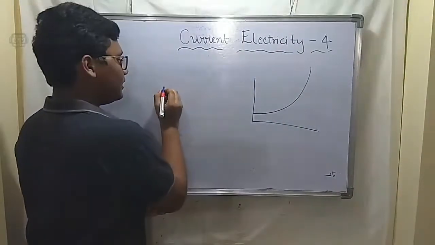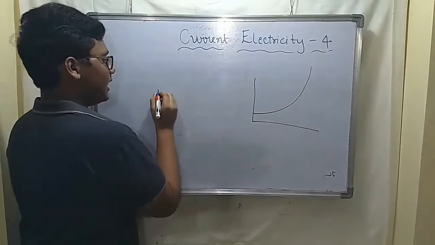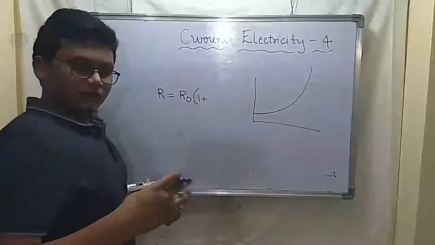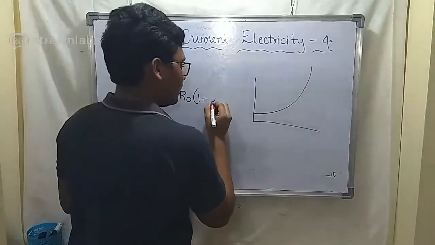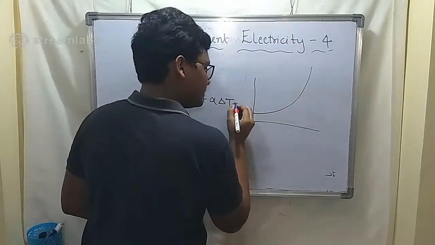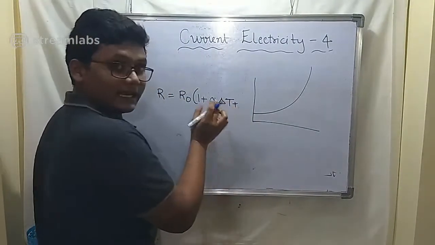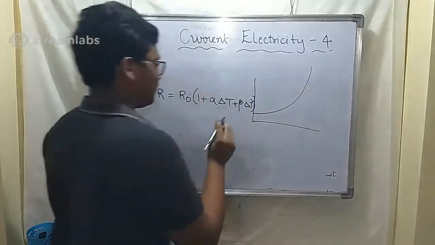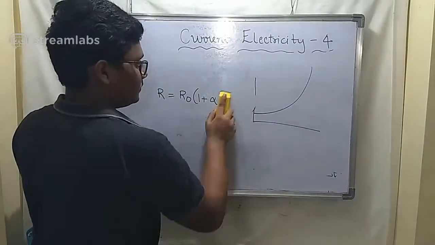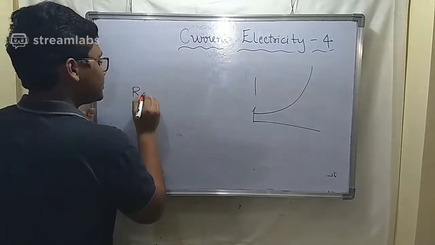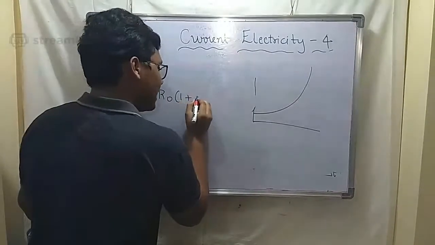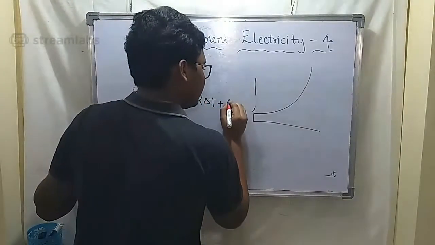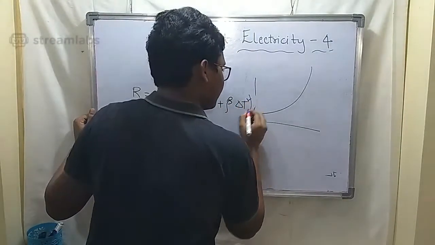At that time R will be R naught into 1 plus alpha delta T plus beta delta T square.